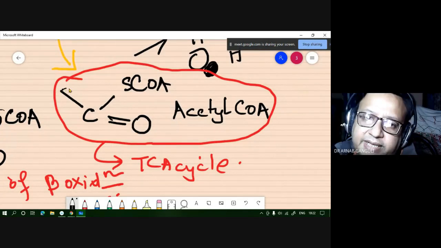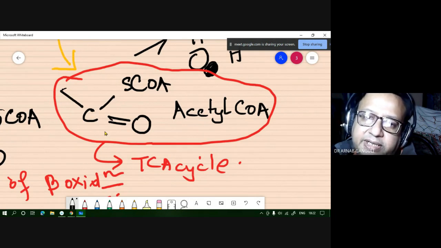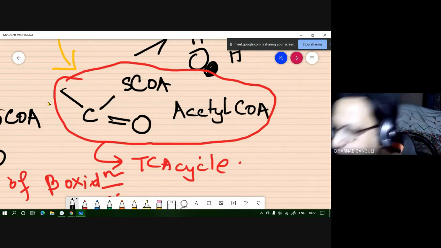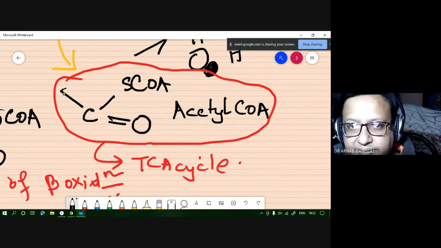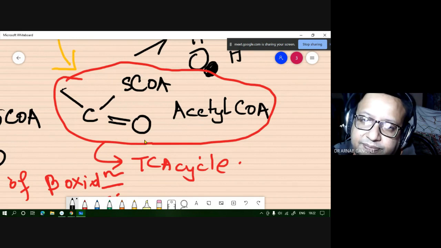Here there is a CH3 group where my arrow is moving. This is acetyl, 2 carbon. One carbon is here, the second carbon is over here. This is acetyl carbon. But if I draw one more line over here, it becomes propionyl.